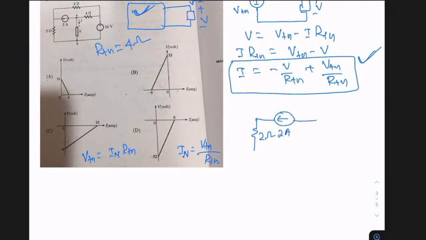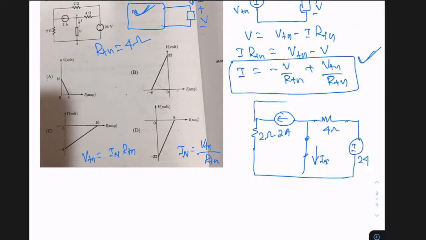And this is short circuited, because I want to find the IN here. This current I'll call IN. This is your 4 ohms. This is your 24. And this is your 2.